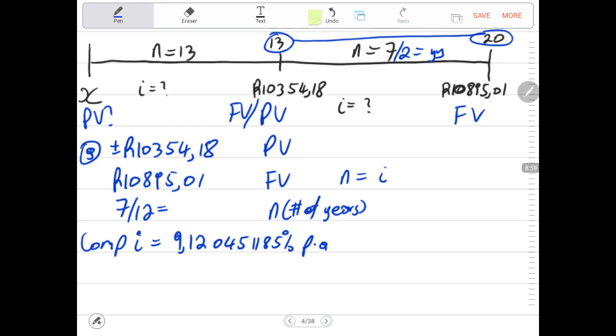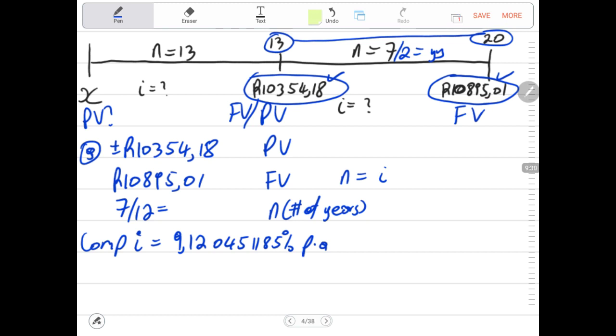And once again, remember that the effective rate of interest is not the one that was used to compute the future values or to earn interest, because we need the nominal rate of interest in order for us to get to this 10,354. And we use the nominal rate of interest in order to get to 10,895 rand 1 cent, which is compounded monthly. Take note of that.